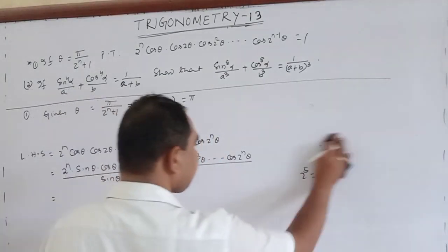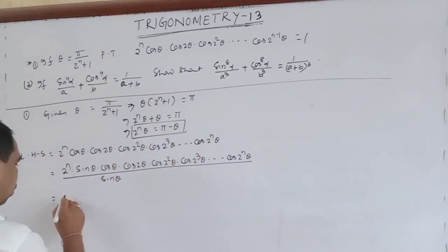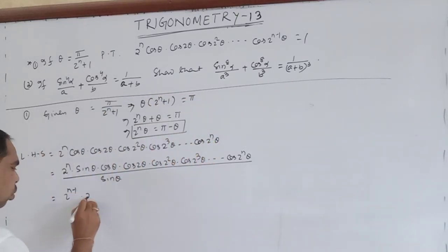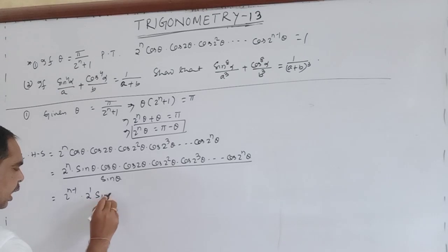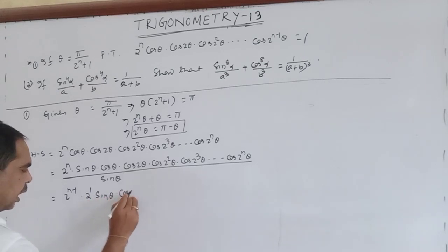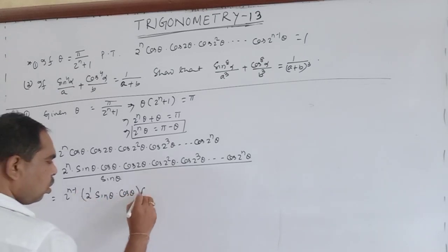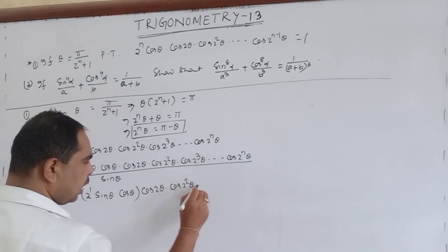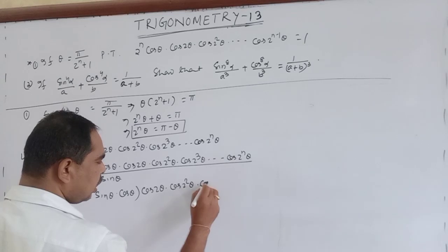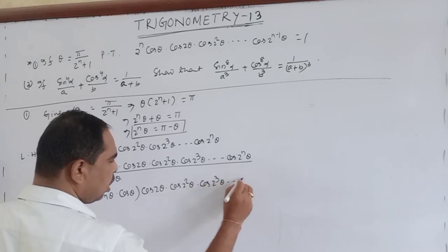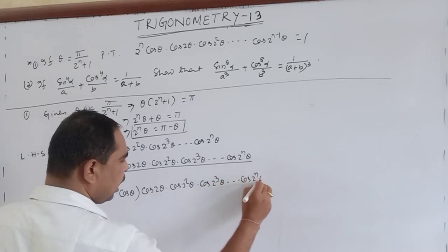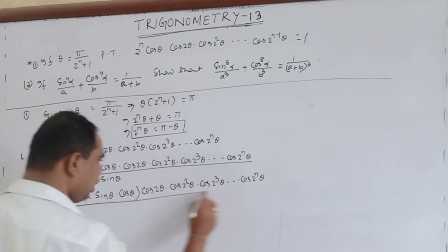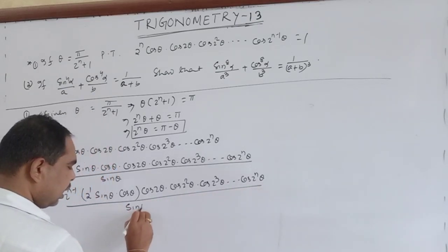So 2 to power n minus 1 into 2 to power 1 sin theta into cos theta into cos 2 theta into cos 2 square theta into cos 2 cube theta dot dot dot, whole divided by sin theta.